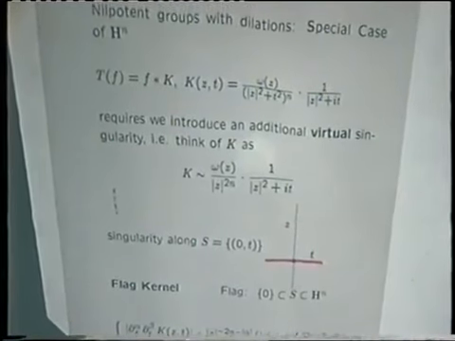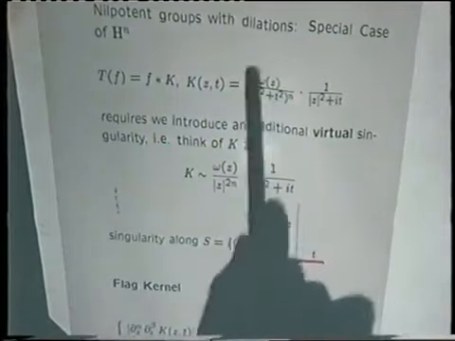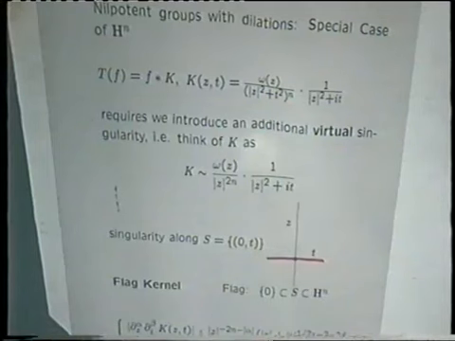But the nature of its singularity is very complicated because it's got this thing which behaves in one way on the differentiations and this thing which behaves in an incompatible way. Now, it turns out that the right way to think of this is to consider this as being really a more singular operator than it is, by introducing a virtual singularity.